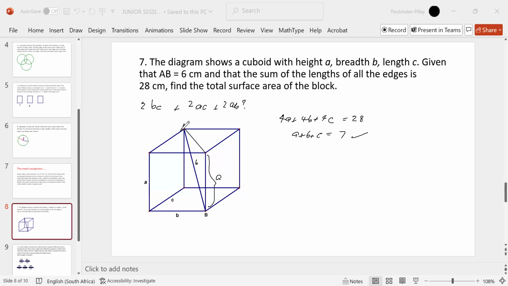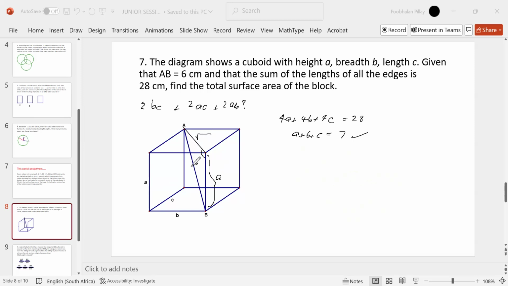If you think of a box now, if I join these 2 corners of the top square, you can see that because this is vertical, this line here is perpendicular to this top completely. So it must be perpendicular to this side. So this angle here, which you can't see easily, is actually a right angle. So that gives you a right angle triangle. And this is 6, that is A.